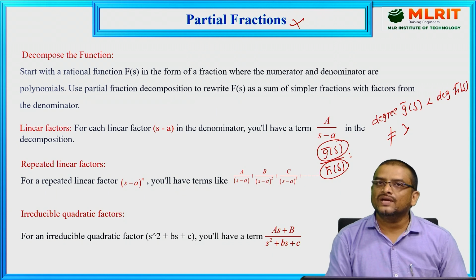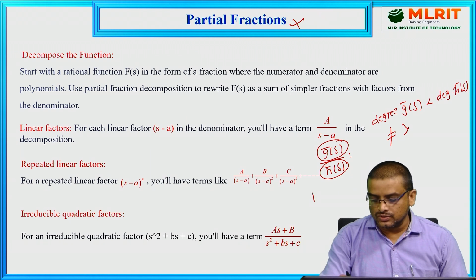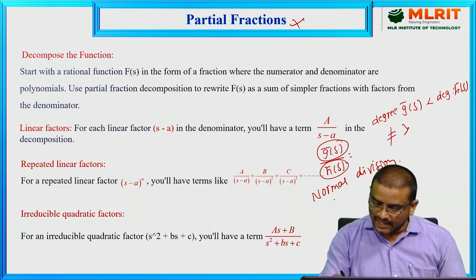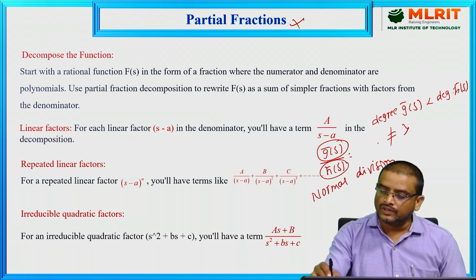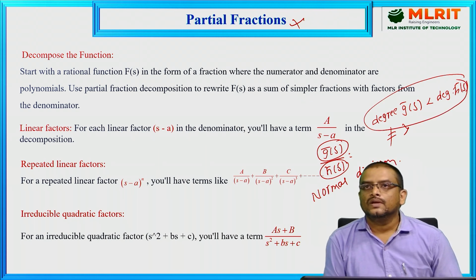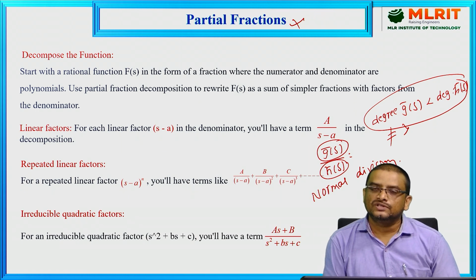Then how can we apply partial fractions for this type of functions? First we have to apply the normal division, and then we have to convert into this condition, and then we have to apply partial fractions. That is the condition we have to check.